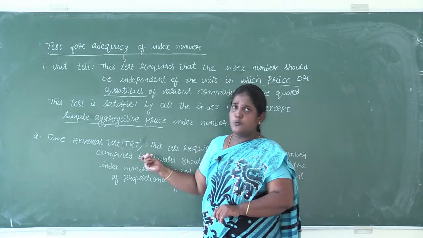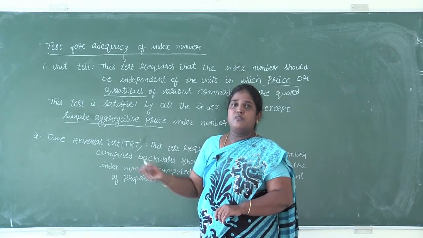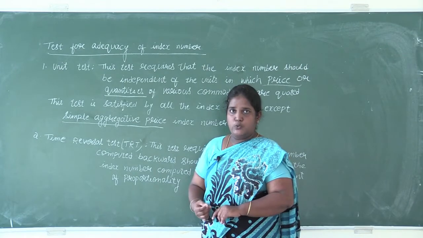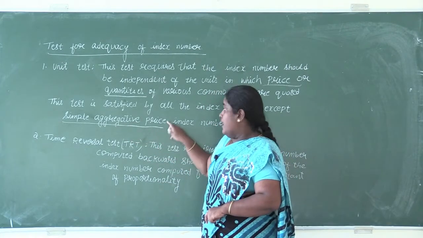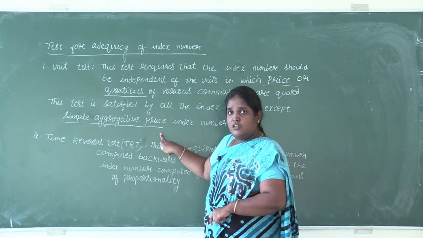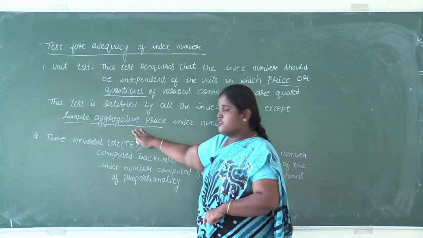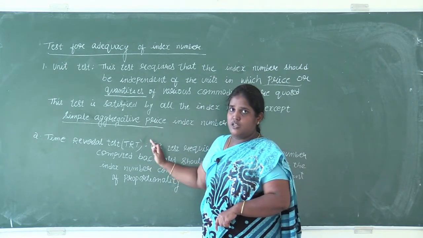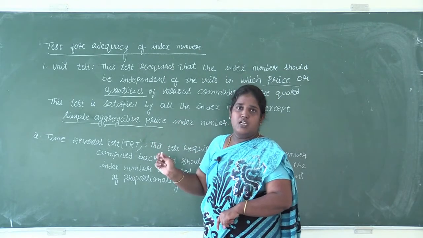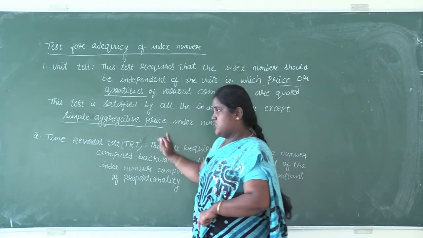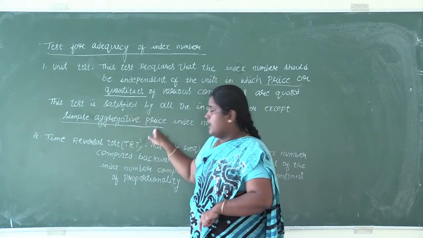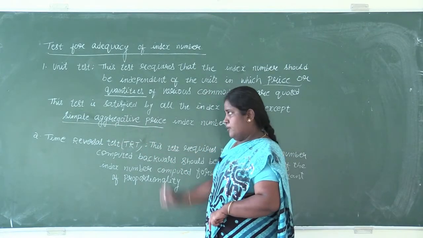And sometimes in 1 mark it is asked, name the index number which does not satisfy unit test. The answer is simple aggregative, and you must mention that it is the price index number. If you just mention simple aggregative index number, it is wrong, because the quantity index number satisfies it, only the price index number will not satisfy. So the answer is simple aggregative price index number.